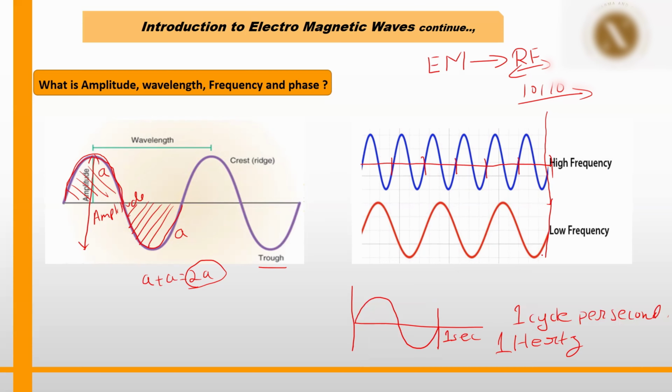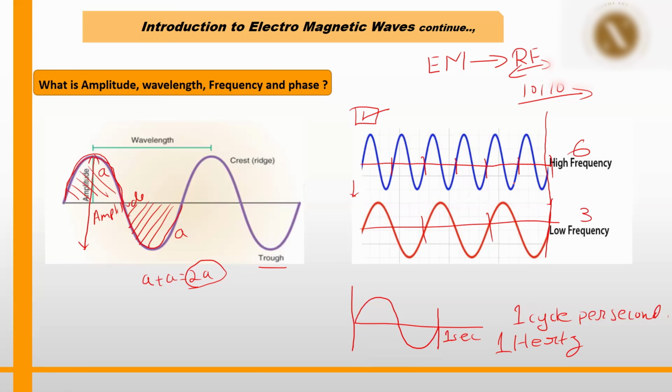Whereas here there are 3 cycles per second. So the frequency here is more, whereas the frequency here is less. This is what high frequency and low frequency means. This is also one of the characteristics of a wave.